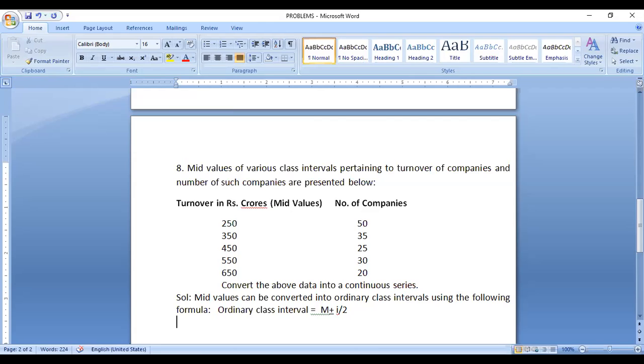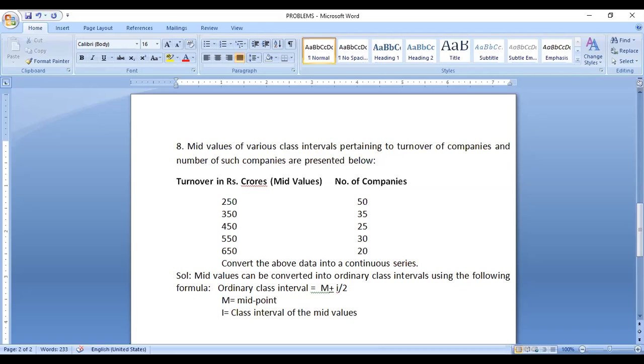Here, what we have to understand is m is equal to midpoint or mid value. Then I is equal to class interval of the mid values. Okay.